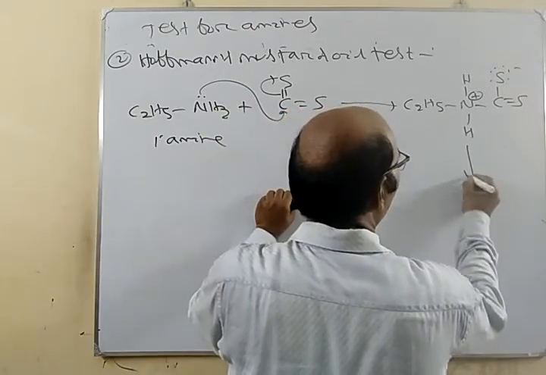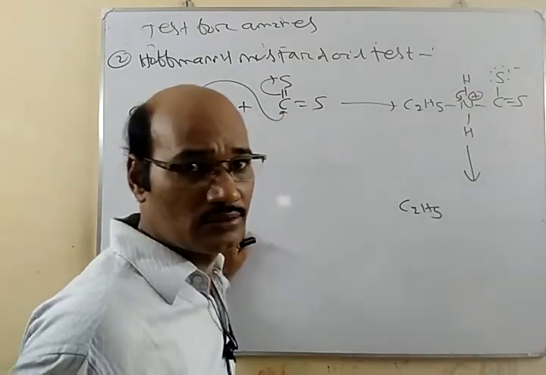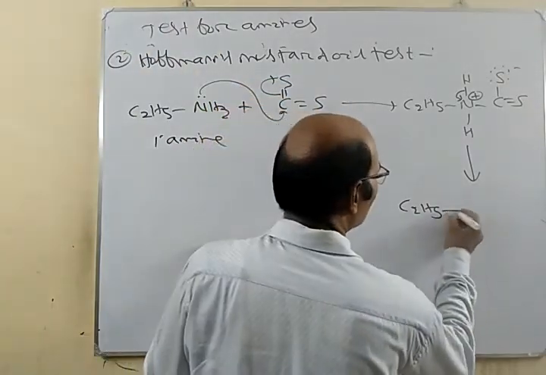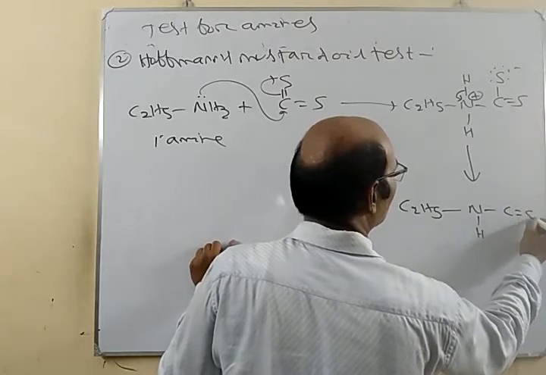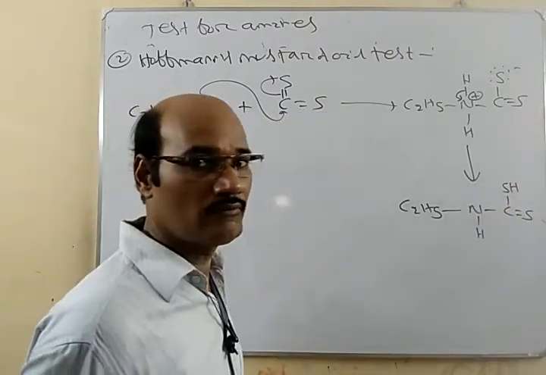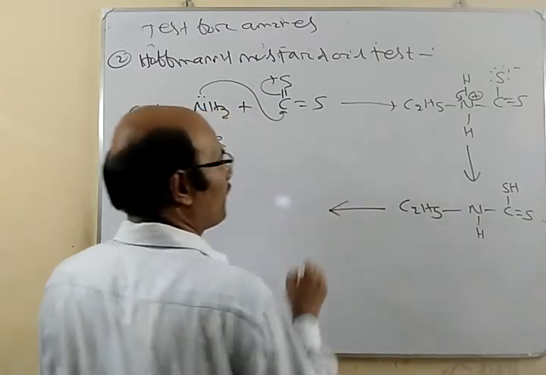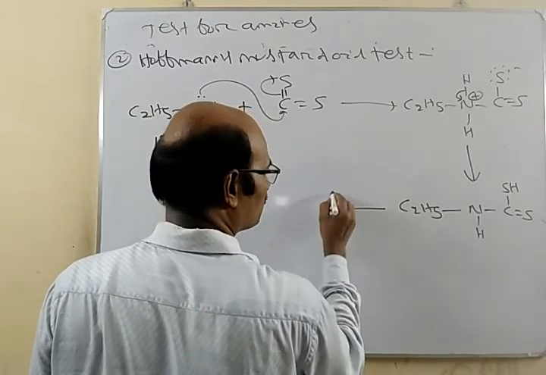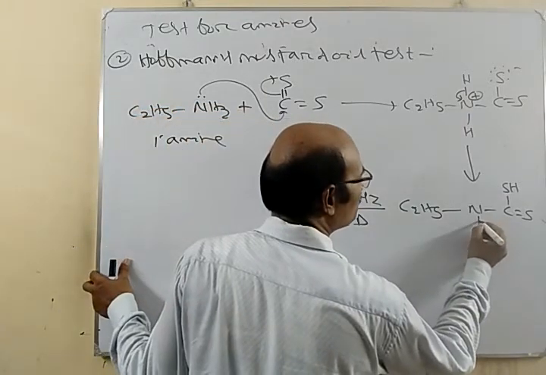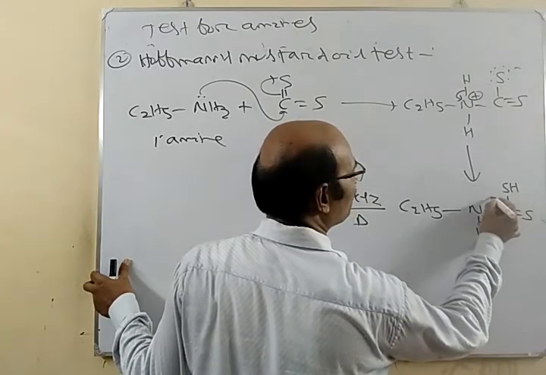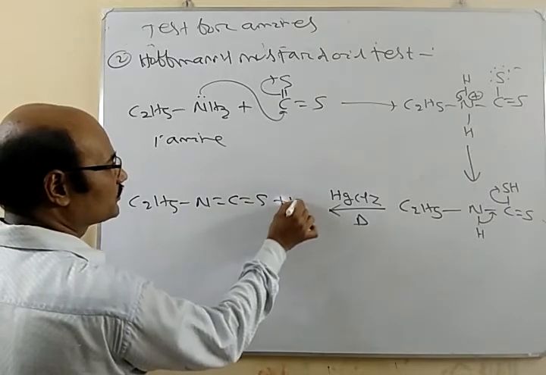Clear? Now here again this becomes unstable, so a base takes a proton, and we get C2H5NH-C(=S)-SH. Then on heating, we get C2H5-N=C=S.